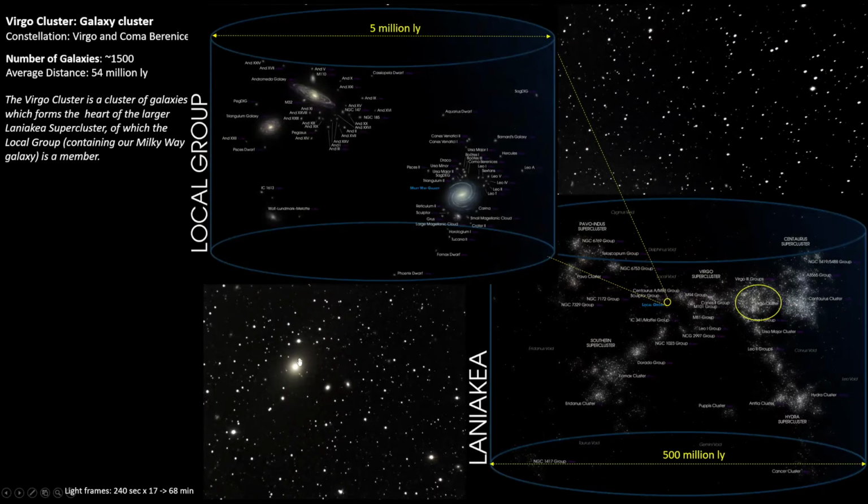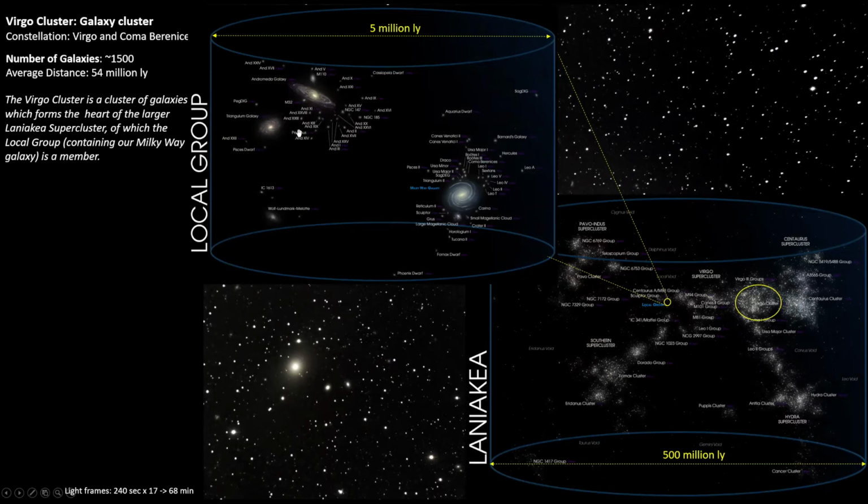This chart shows what is known as the local group of galaxies, which our own galaxy, the Milky Way galaxy, is in. You can see here is the Milky Way galaxy. The next nearest galaxy to us, which is just 2 million light years away, is the Andromeda galaxy. I'm going to show you an image of that later.